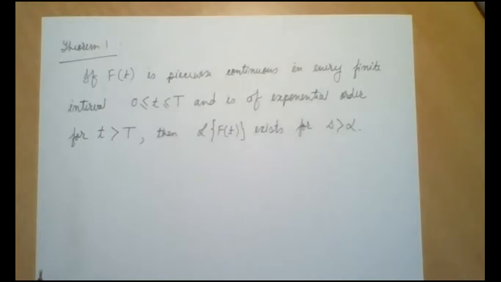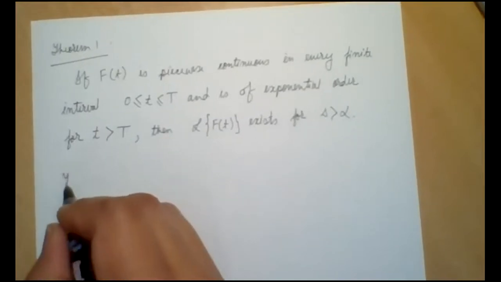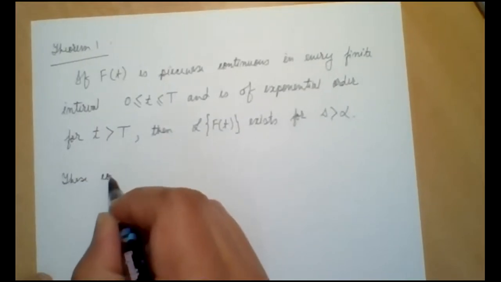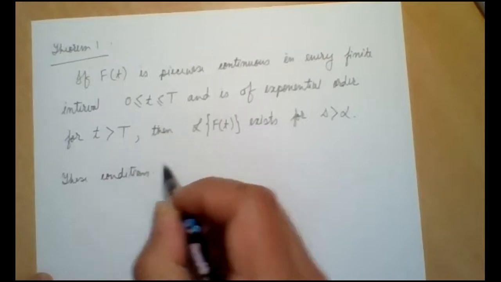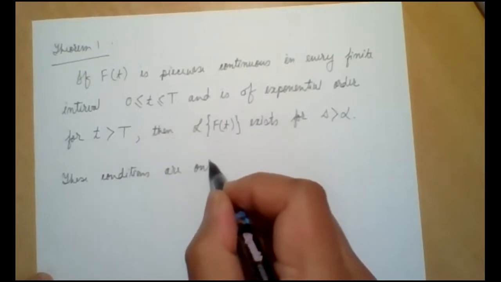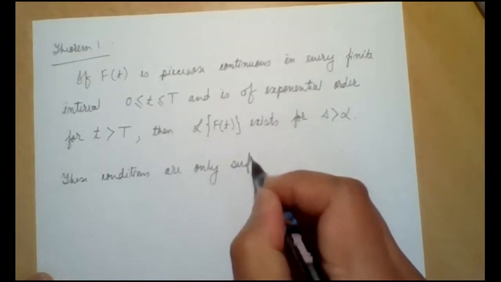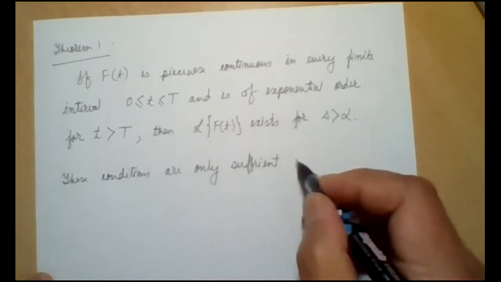The next point is, are these conditions required for a function to have a Laplace transform, or are these conditions not required at all? Meaning, are these conditions really necessary? The answer is that these conditions are only sufficient and not necessary.